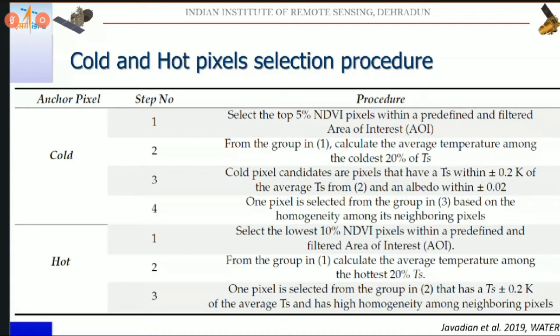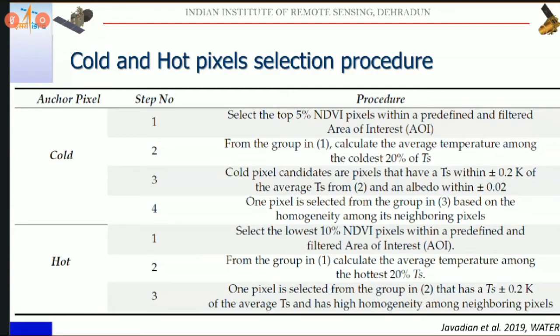There should not be any abrupt changes in the land surface temperature as well as the albedo. Based on that, we choose one pixel with homogeneity among its neighboring pixels. Like this, we can define the cold anchor pixel.